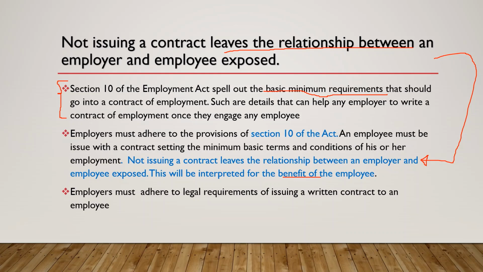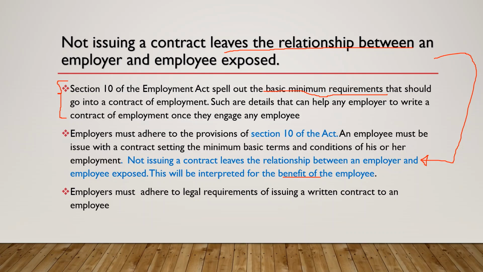An example would be that if there is an oral contract and a person is supposed to receive 70,000, and then a few months later the employer is giving this person 15,000, and this person goes to court because they have not been paid for a period of 7 months, the court is more likely going to force the employer to pay the original 70,000 even if it was an oral contract.